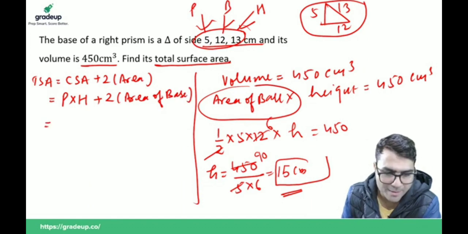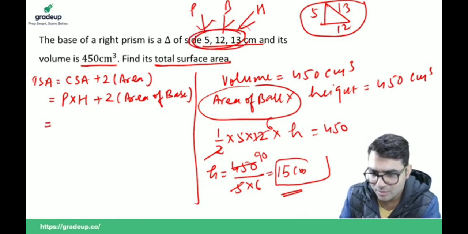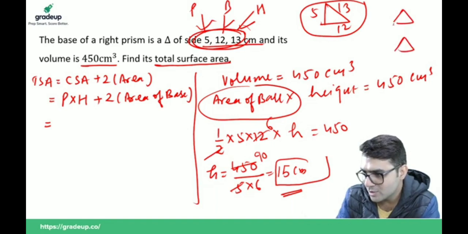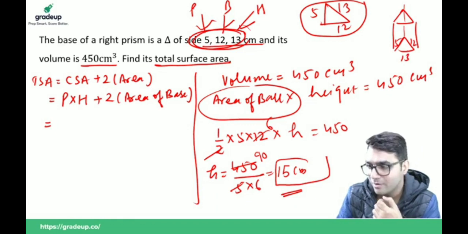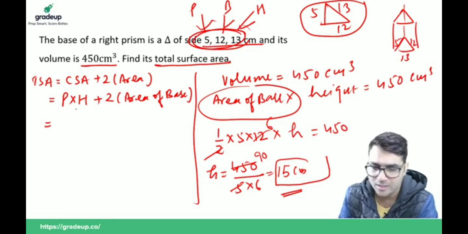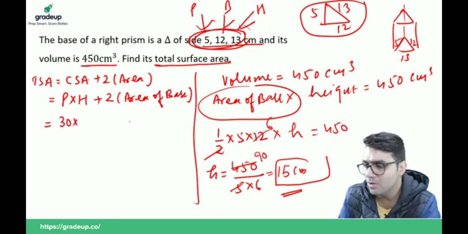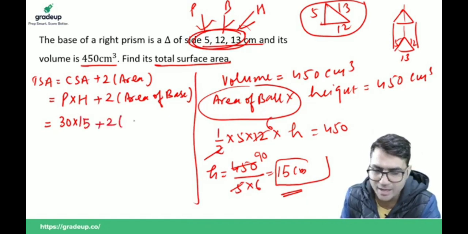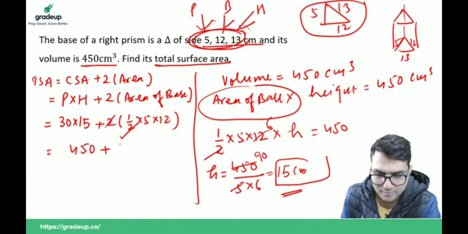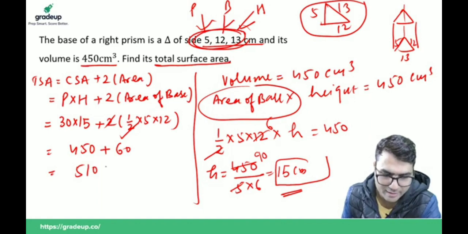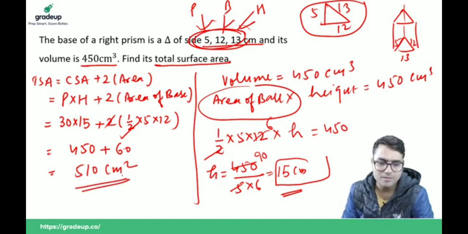Perimeter of base is 5 plus 12 plus 13, which is 30. So 30 into height 15, plus twice the area of base. Area of base is 1 by 2, 5 into 12. So we get 450 plus 60, which is 510 centimeter square, the total surface area.